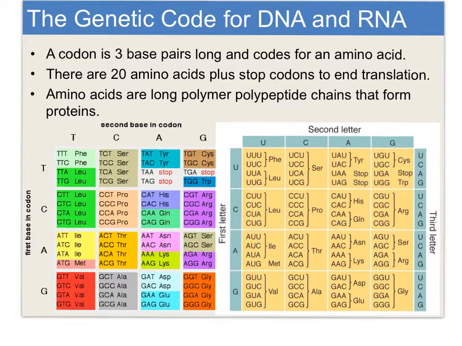Now, if you're using the transcript, which is made of RNA, then instead of using a T, you use a U. It's called uracil, but that's besides the point. So there's 20 amino acids, and 3 base pairs long code for an amino acid. Some of these are actually redundant, and some code for what are called stop codons.